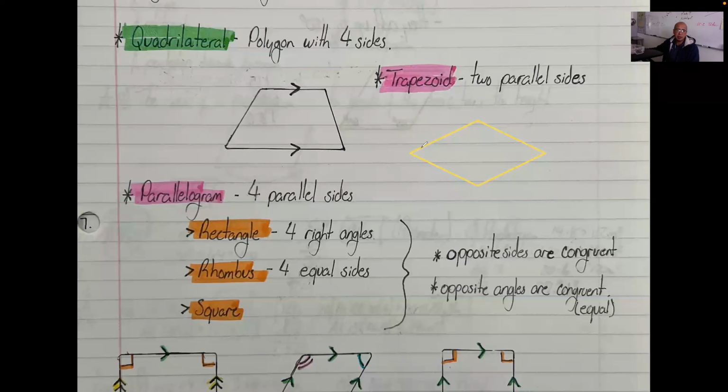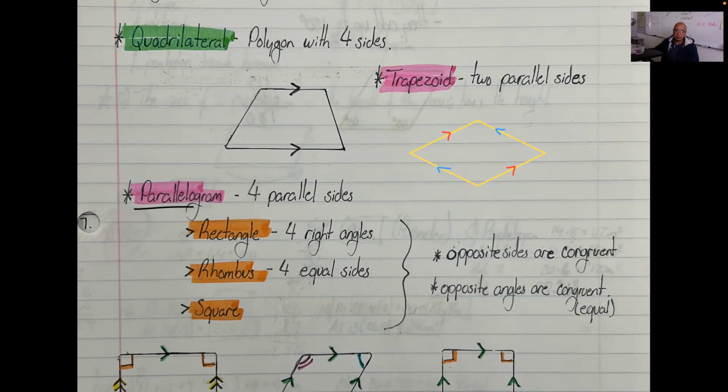Number one, in a parallelogram, as the name implies, opposite sides are going to be parallel. So for example, this side and this side, they are opposite, they're across from each other. These sides are parallel, as well as this side and this side. They are parallel to each other. That's what makes this a parallelogram.